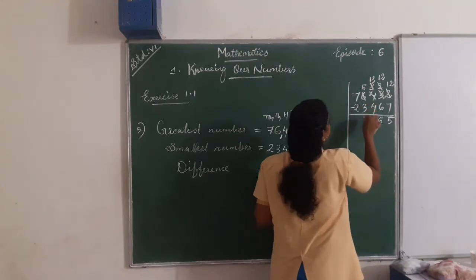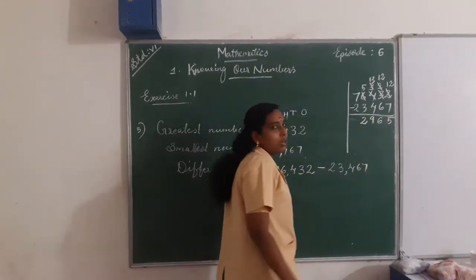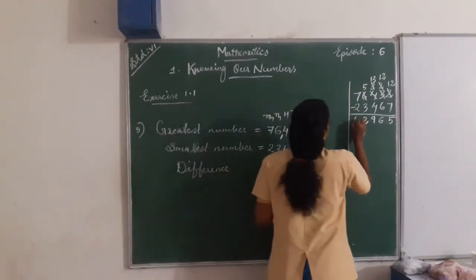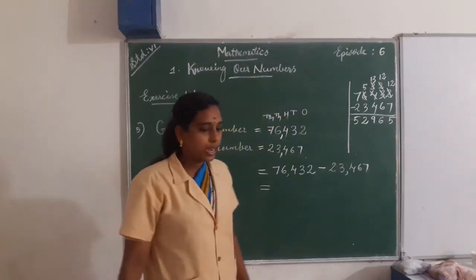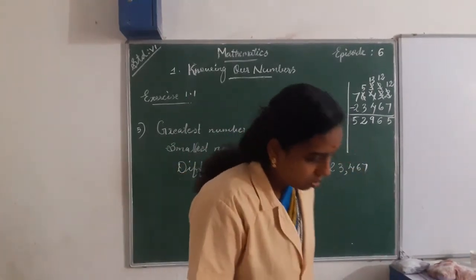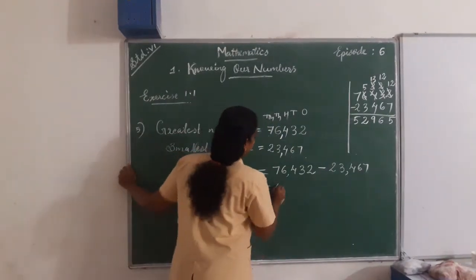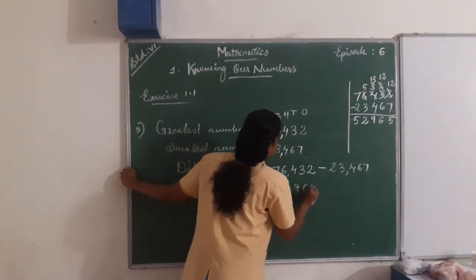Then 5 minus 3 is 2. Then 7 minus 2 is 5. So the answer is 5, 2, 9, 6, 5.